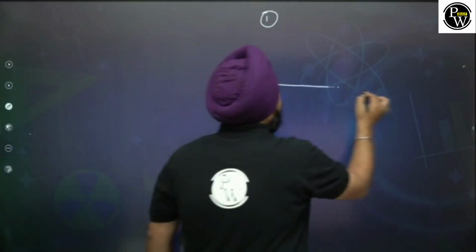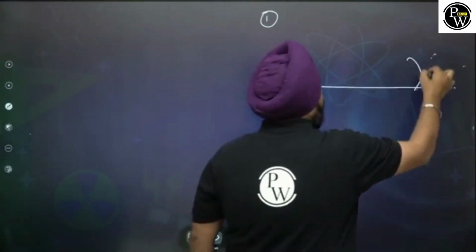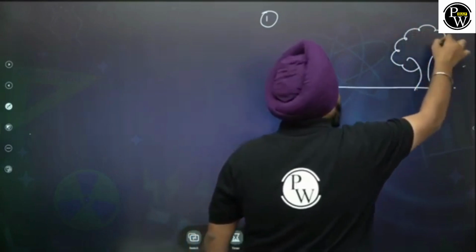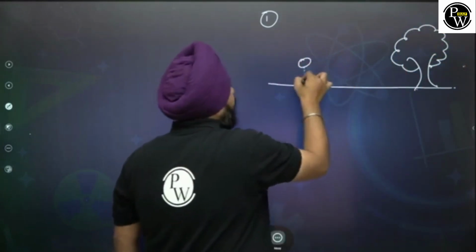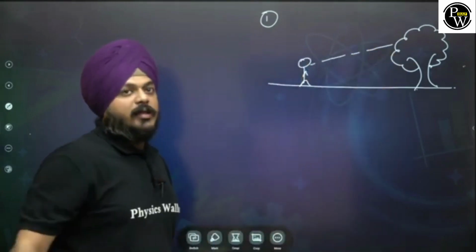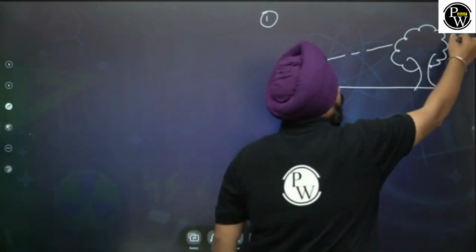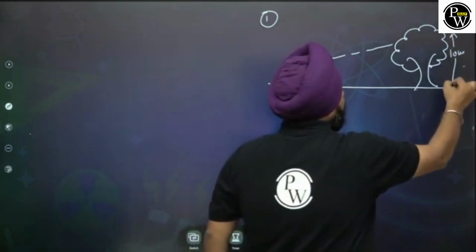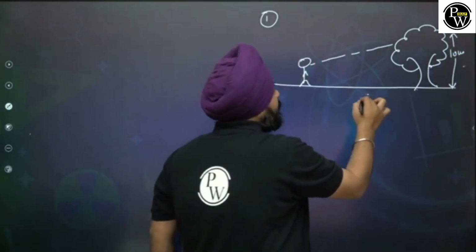The first situation: this is the tree, and the observer is seeing through the naked eye. The tree appears to be a height of 10 meters, and the distance is very large, x.